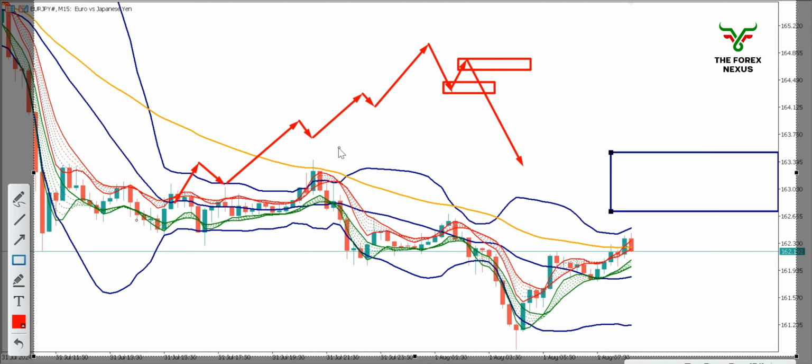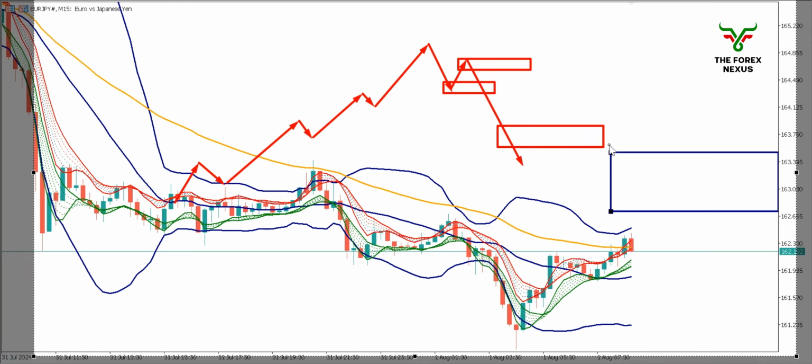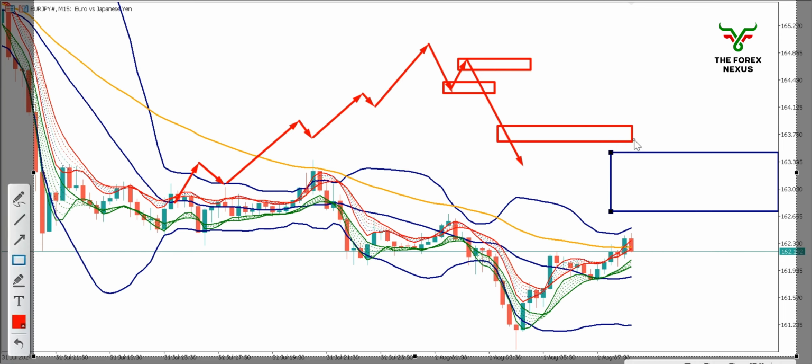Okay, I need a clear breakout to make a CSM, to form a CM. Then I will take an entry on MA 510 high, and the risk reward is perfect here. It's affordable here. We can get 1 ratio 5, minimum 1 ratio 3.